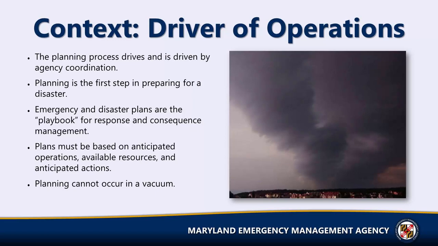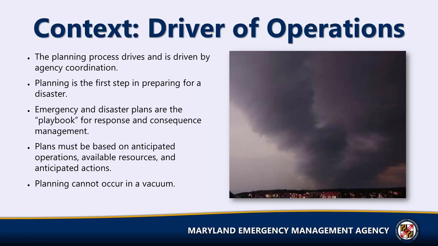Emergency and disaster plans are the playbook for agency response and management of consequences of a disaster. Planning is the first step in preparing for a disaster. The plan must be based on anticipated operations, the resources available to support the operations, and the actions agencies will take. Planning cannot occur in a vacuum, but rather needs to be a collaborative, contextual effort.